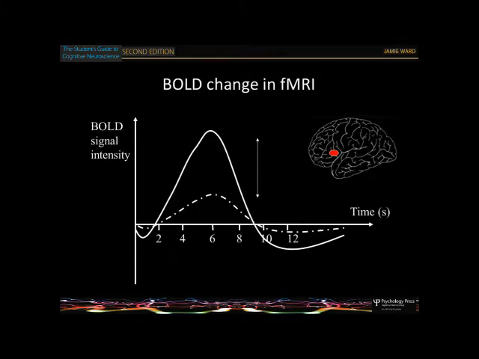The reason why you need this condition here is that it always has to be something that's relative to something else. All the time, your brain is using up oxygen. If it wasn't, you'd be having a stroke or you'd be dying or whatever. So it's always metabolically active, and some parts of the brain are more active than others for whatever reasons. You've got lots of different thresholds in the brain depending on how much oxygen they naturally consume.